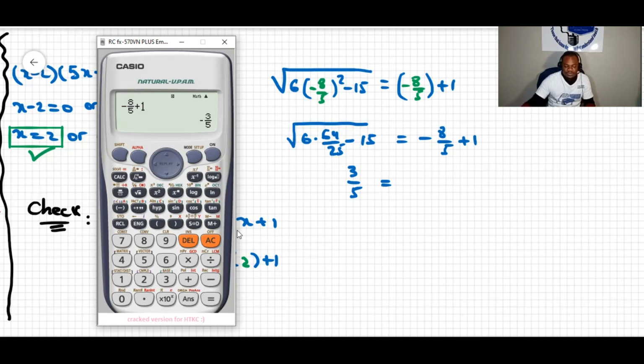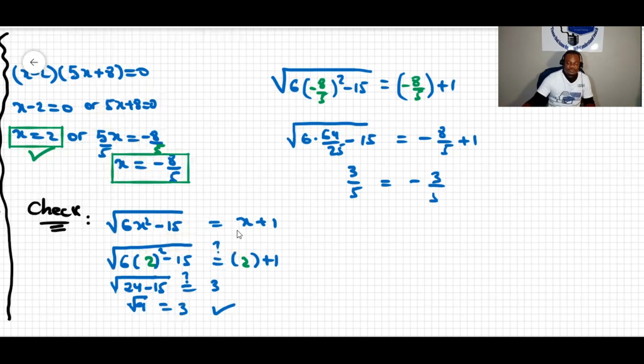This is equal to -3 over 5. So we notice that this cannot be true, because we were checking. So this is not applicable, NA. So the only solution here is x equal to 2.